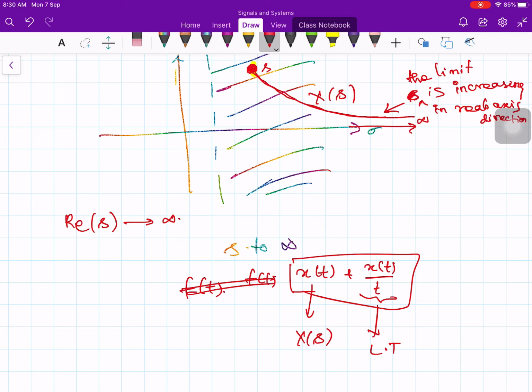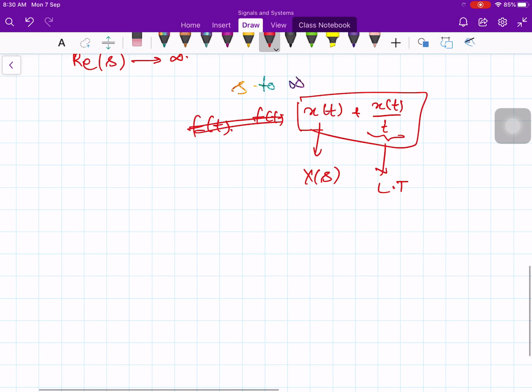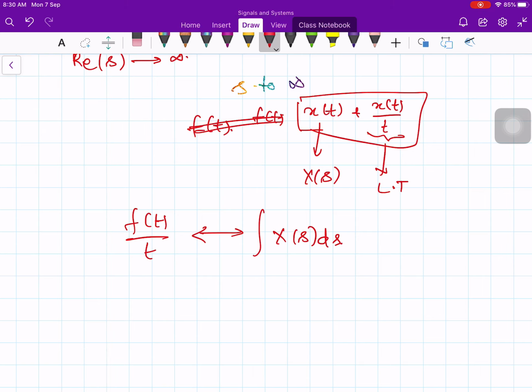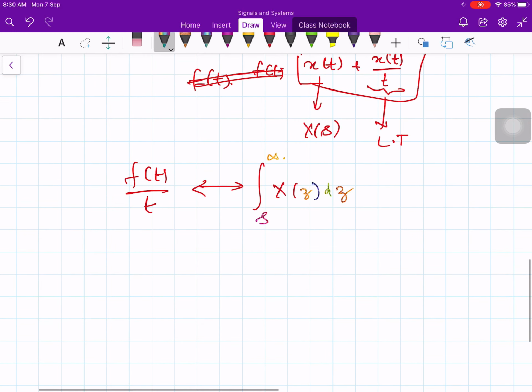If you do that, then the theorem states that x of t by t has the Laplace transform integral of x of s ds. Maybe I can put some other variable, since I already have s. I can put something like x of z times dz, with a dummy variable z, from s to infinity, where z is a complex variable.